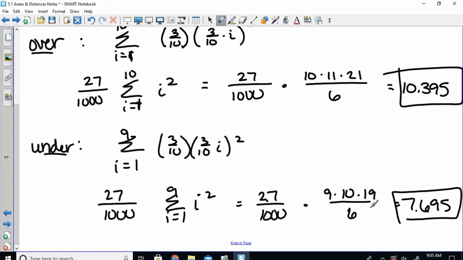Are those the two answers we got when we added everything up by hand? Yeah. Now, for just 10 rectangles, this may not have saved us a ton of time because it does take a little while to figure out our formula and how to add things up. But if we were doing 30 or 40 rectangles, this would certainly be.